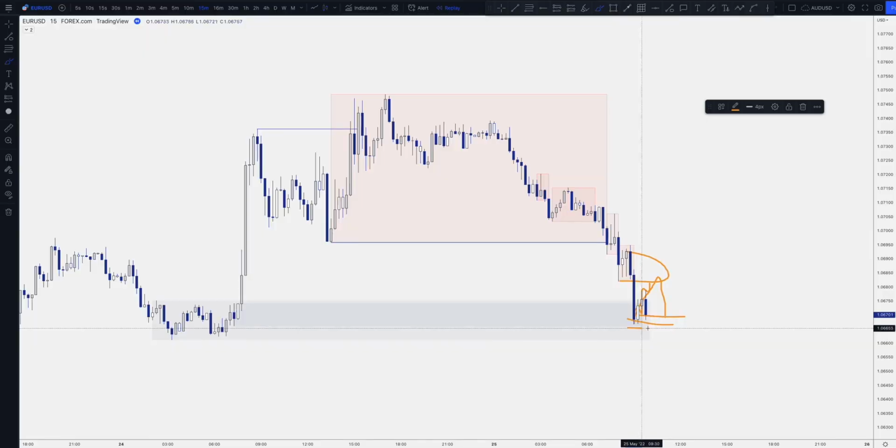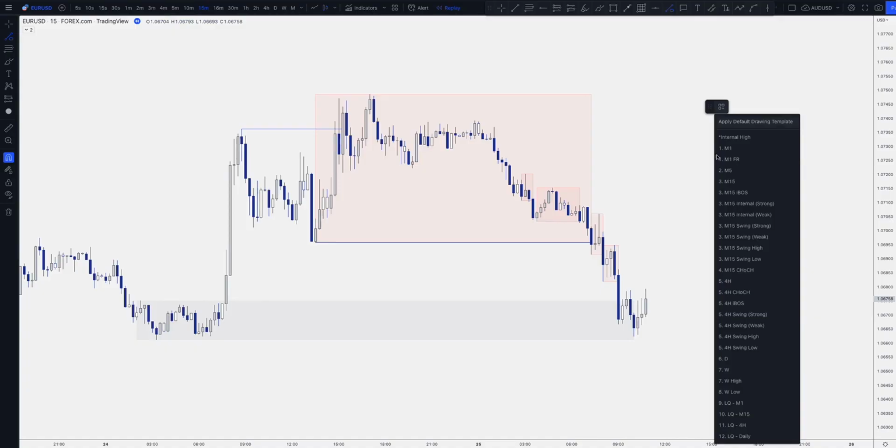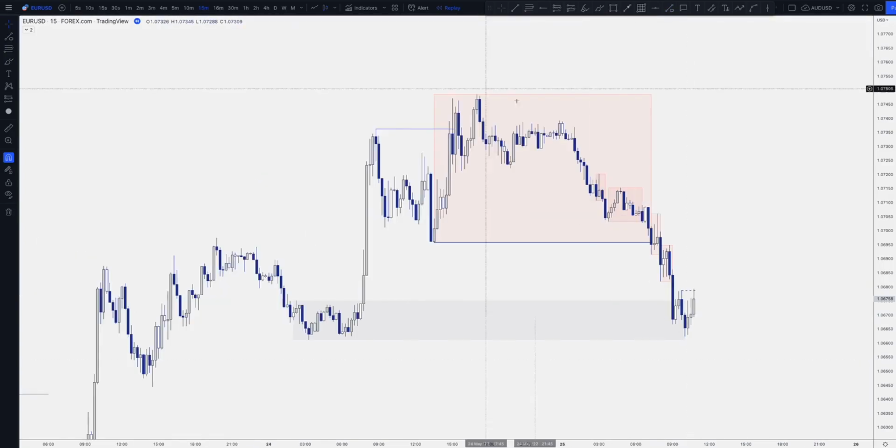Other thing we can do is typically wait for the M50 change of character. Cool. So now, basically what we're doing here is M15 is bearish, and we look for some long pullback, right?